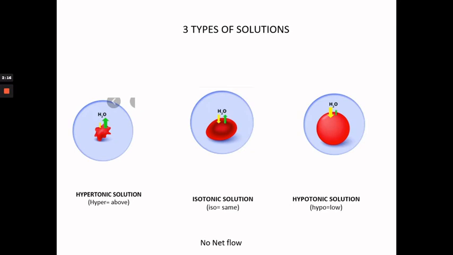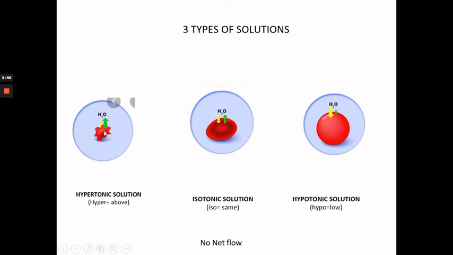Now let's take a look at the three types of solution. This is a red blood cell or an animal cell in different types of solutions. This solution is a hypertonic solution, and what that means is the solution around the cell has a higher concentration compared to within the cell.